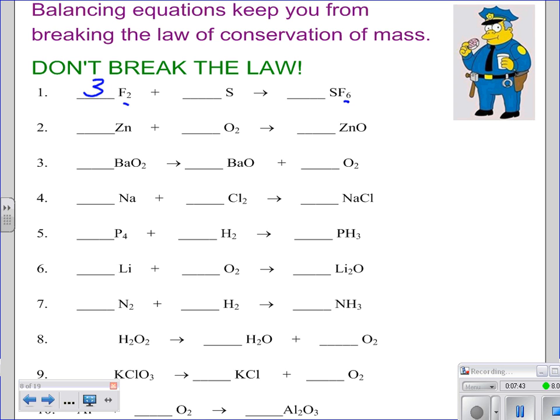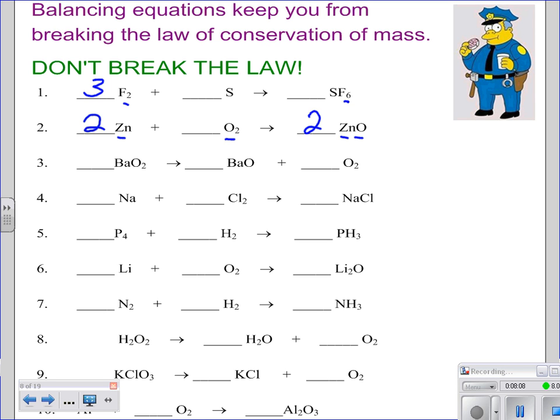No, they're good. So everything is balanced. Number 2, I've got 1 zinc, 1 zinc. Here I've got 2 oxygens. Here I've got 1 oxygen. So what we do is we come over here and add a 2. That fixes the oxygens, but we messed up our zincs, so we have to add a 2 there.